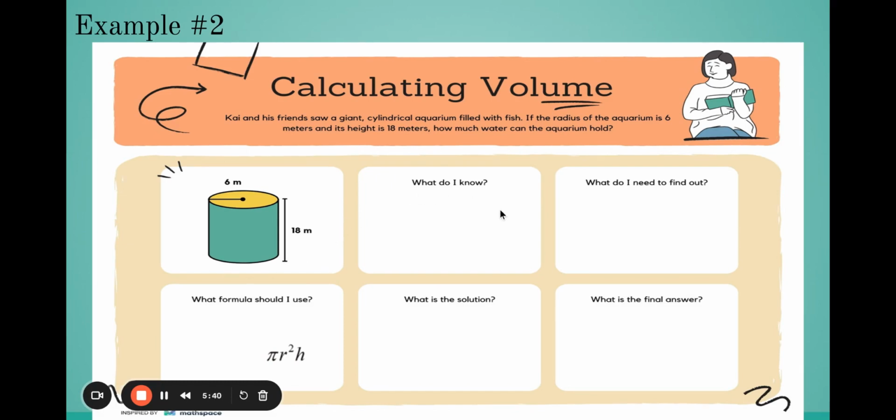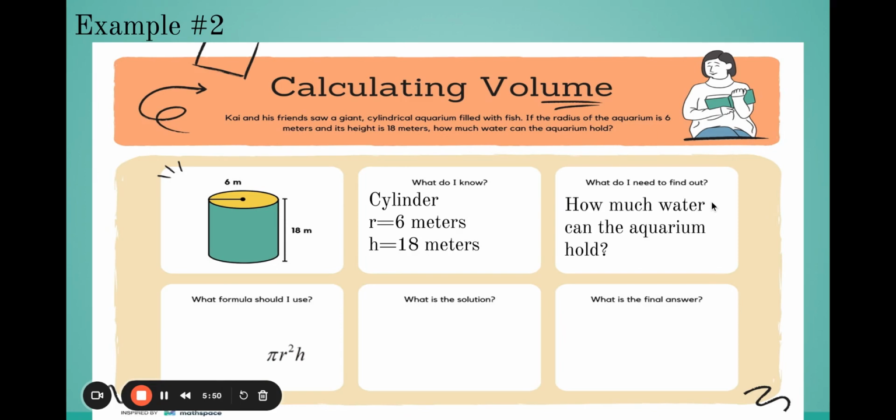So we know we have a cylinder, we know the radius, and we know the height. What do we need to find out? What is this asking of us? How much water can the aquarium hold? So it's asking for volume. So we're going to use the volume of a cylinder formula, which is pi times the radius squared times the height.